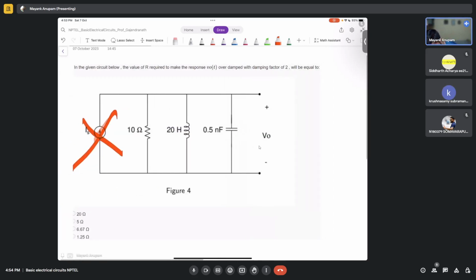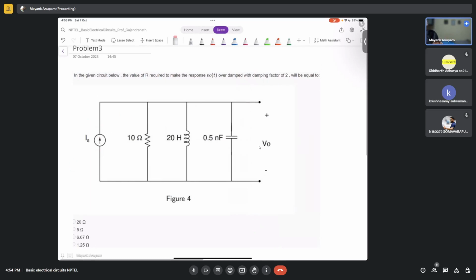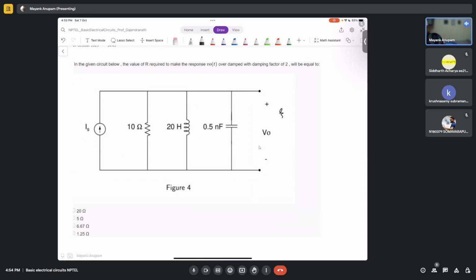Since I have solved so many equations, you can now directly say what the damping factor zeta is here. It is 1 over 2R times root of L by C, right? How much is that? One over 2R, which is 2 into 10, times root of L by C. L is 20 Henry, divided by C, which is 0.5 into 10 to the power minus 9, right?